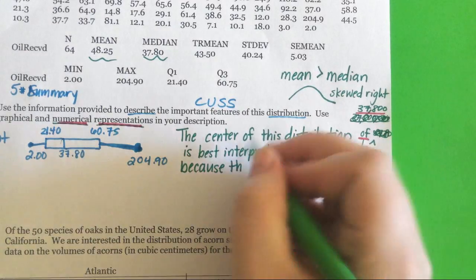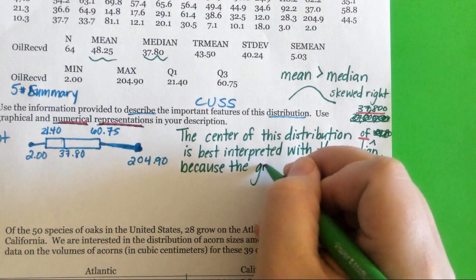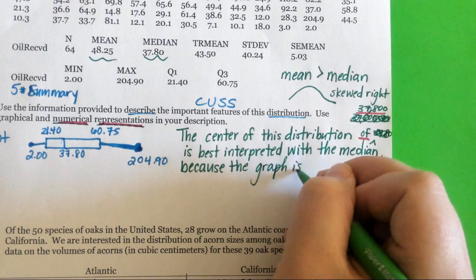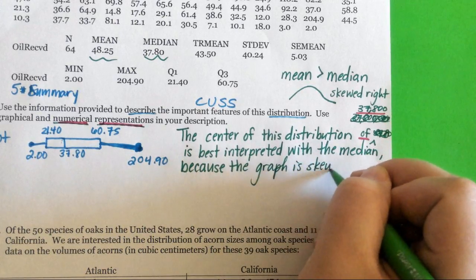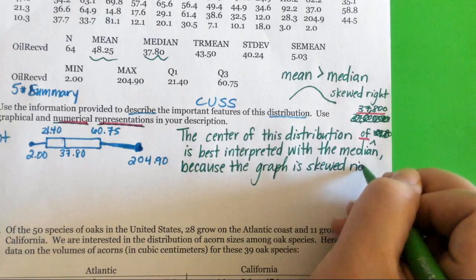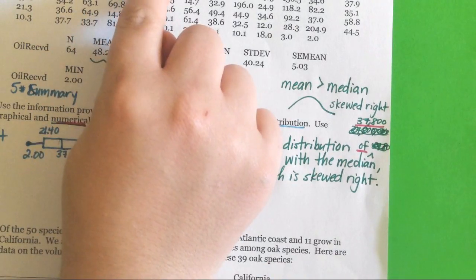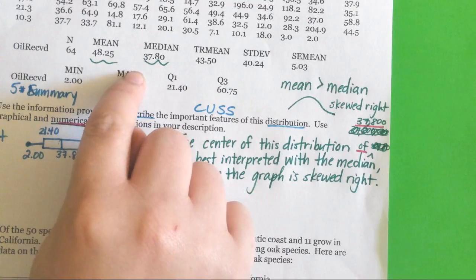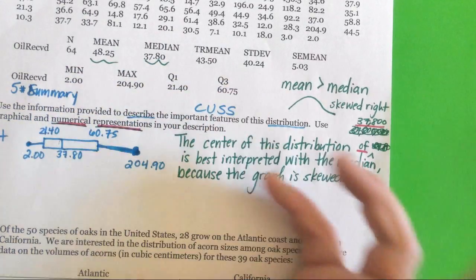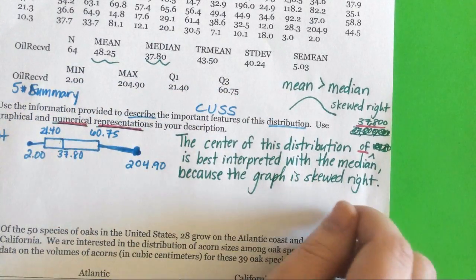Is best interpreted with the median because the graph is skewed right. Did you put 37,000? Yes. Is that wrong still? I don't know. Wait, why? It's in thousands of barrels. So 37.8 is actually 37,800. I'm being super blind today.